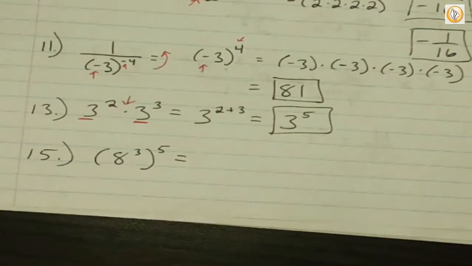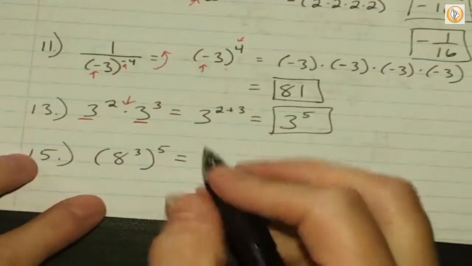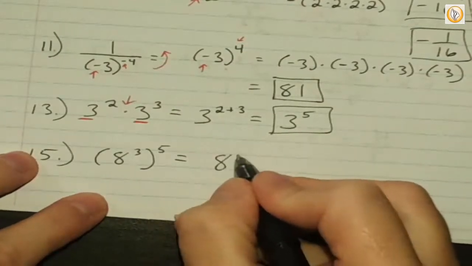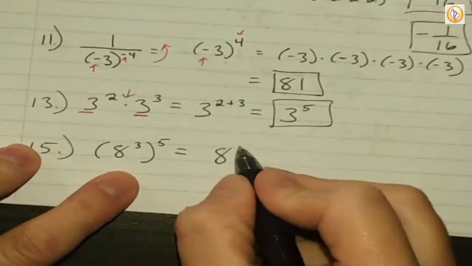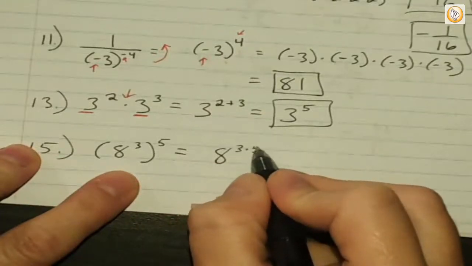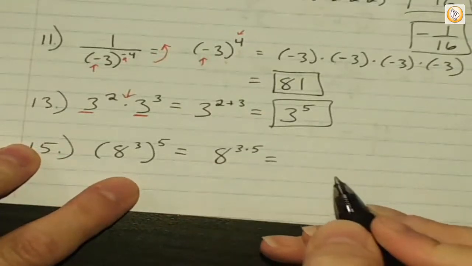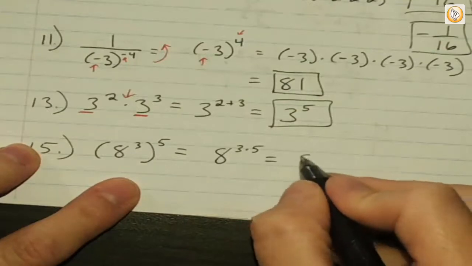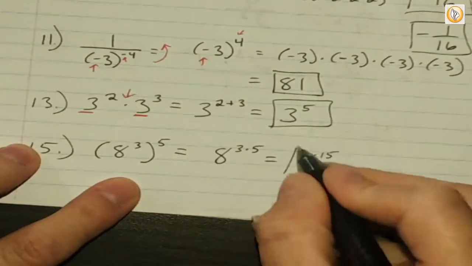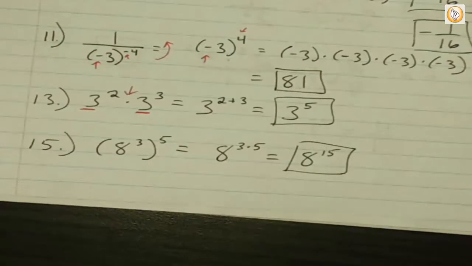Oh, times 5. Yeah. So when the exponents are like that, you multiply them. Good job. And Cecilia, what is 3 times 5? You are correct. Good job.